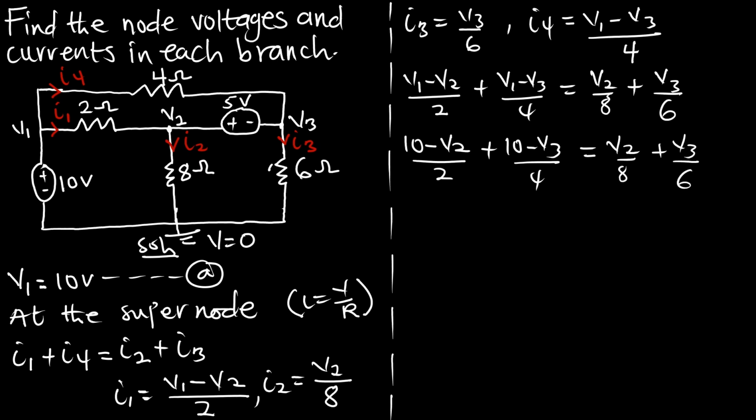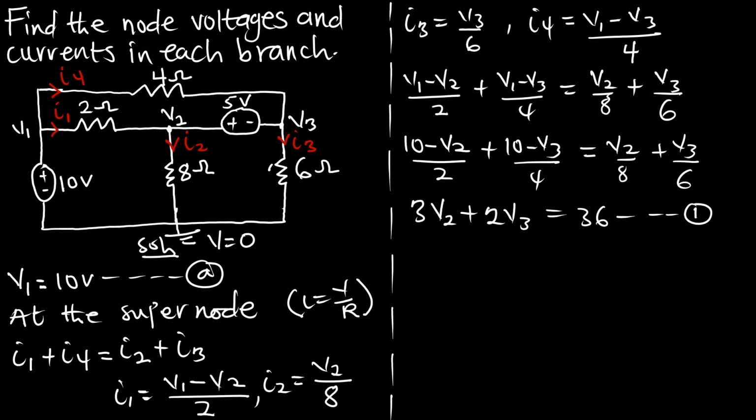When we simplify this equation in terms of V2 and V3, we are going to get 3V2 plus 2V3 equal to 36. Let me call this equation 1.